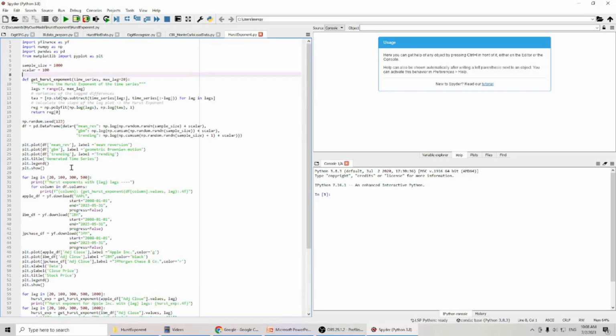I will upload this Python code to my GitHub, so you can download it and try it by yourself. Of course, you can download your favorite stock and analyze it to see what kind of trading pattern it is. Now let's run the program.